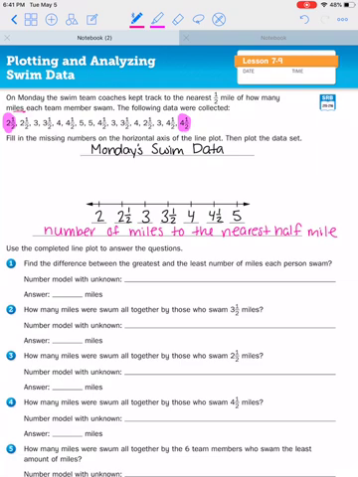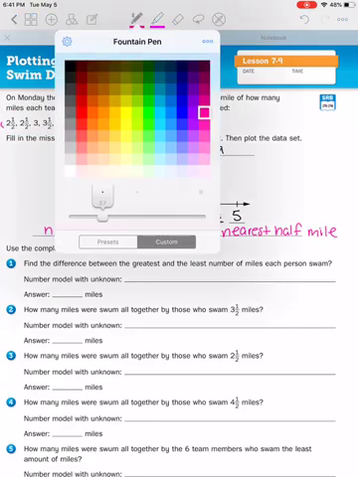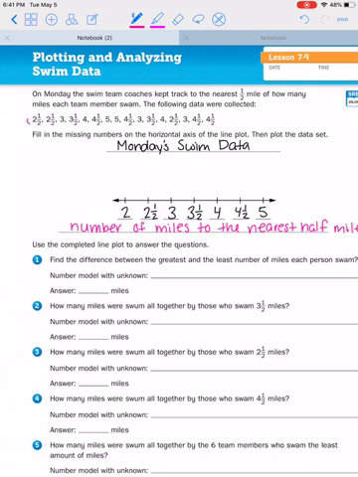Now I'm going to take all of these data points and I'm going to plot them on my line plot. And I always tell my students, cross off the data point once you plot it so you don't put one in twice.